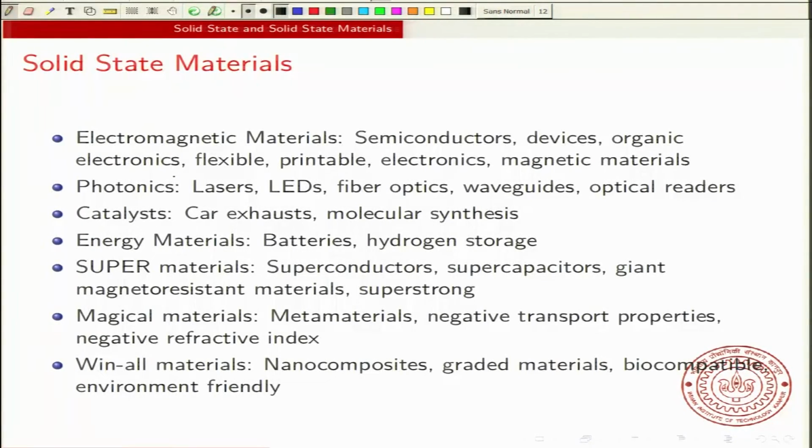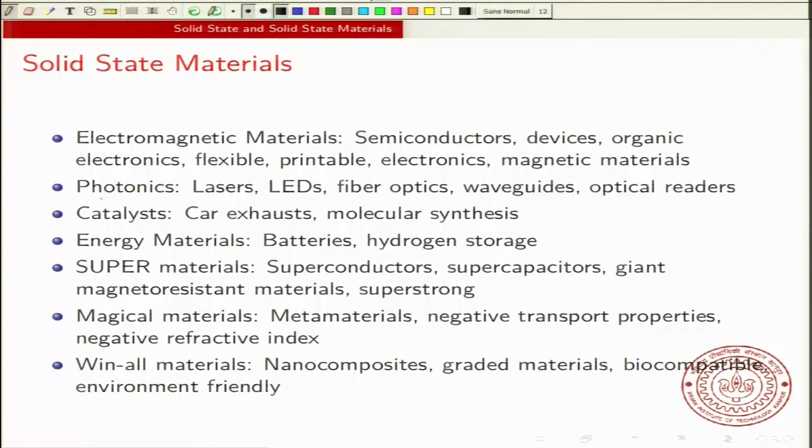You might have seen some advertisements where they say that your TV screen is organic LEDs, and there is interest in flexible electronics, where you have electronic materials that are flexible, and these have several applications. There is also interest in printable electronics, and then there is also a huge range of magnetic materials. All kinds of magnetic materials are of interest.